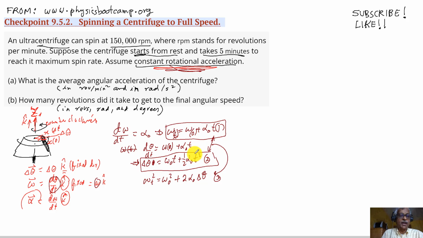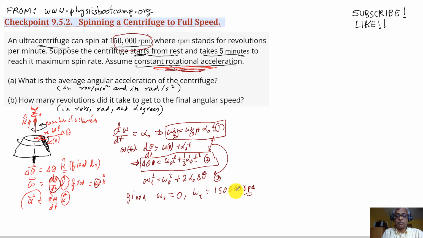Okay. What is the average angular acceleration? So I'm supposed to find alpha. What's given is omega 0 is 0 and omega t is 150,000 RPM.